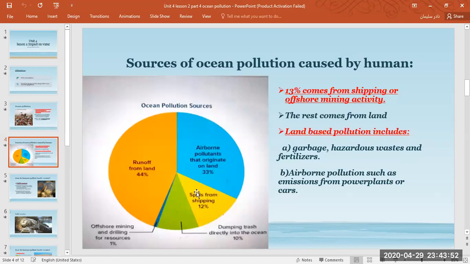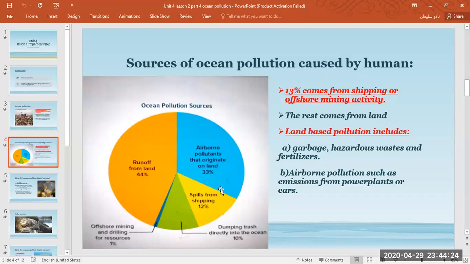If we look at this pie chart, we can see different percentages of different activities or different sources of ocean pollution. We can observe that 30% comes from shipping. Offshore is like the beach, the area beside the ocean.